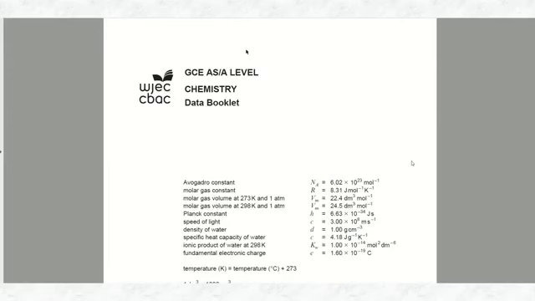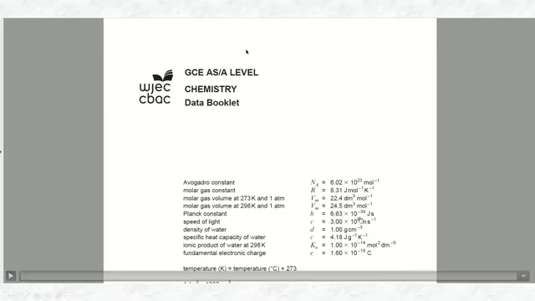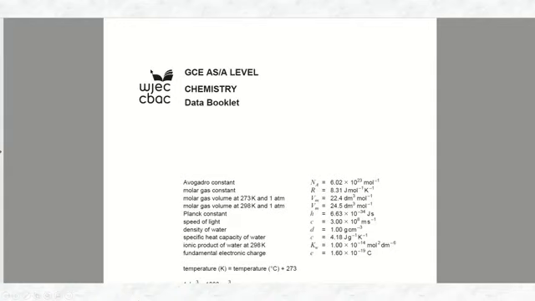So here's an example of the data booklet. So you can see this is from one of the A-level papers. So we have a bunch of constants, we have the abbreviation, and we have the value for those constants. So that's what you're expecting to see in a normal data sheet.